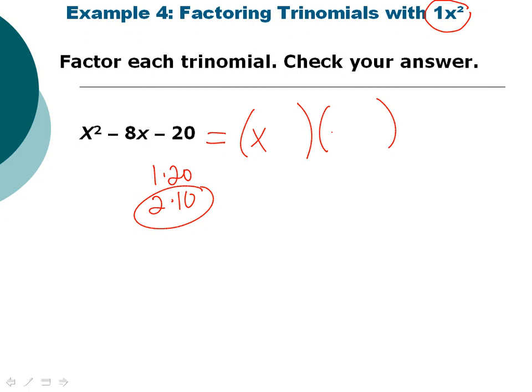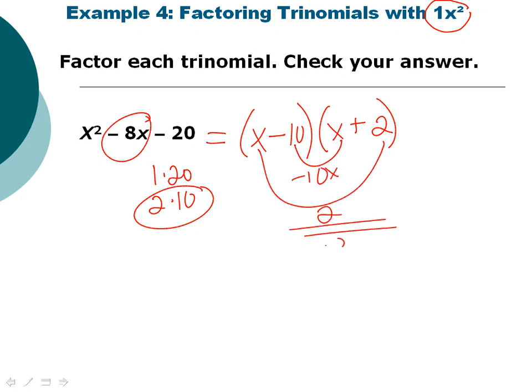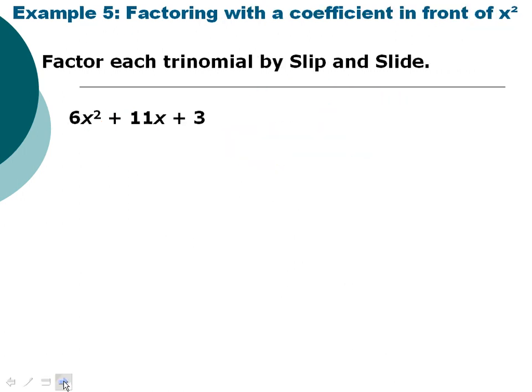So put my x's in. I have a 10 and a 2. Now I need the 8 to be negative, so that means that the minus is going to go with the 10 and the 2 has a positive. Now when I work it out, I get negative 10x and 2, which equals negative 8.